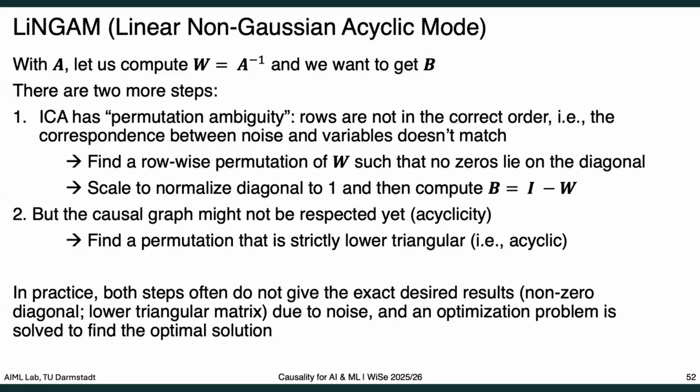Same for the strictly lower triangular matrix. You probably don't have enough zeros, but then you optimize such that the upper triangular part is as small as possible. And then you assume that these small values were just due to noise, should be zeros, remove them and use the rest as your DAG.